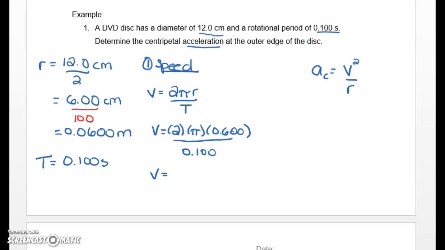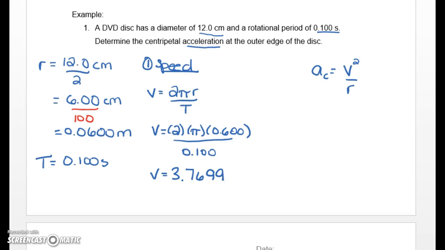Just be very careful with how you're punching it in. I'm going to go 2 times pi, and make sure you use the actual pi button, not the rounded value, and then times 0.600, and then divided by 0.100. You can do it all in one step, and what we should get in our calculator, and this will be a rounded value, is 3.7699.